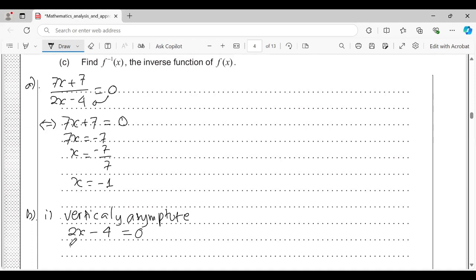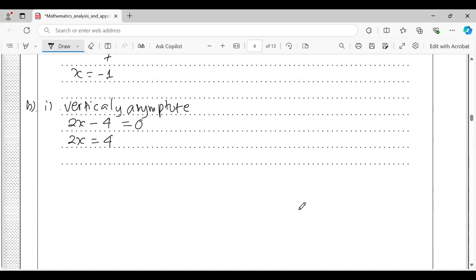If 2x minus 4 equals 0, then 2x equals 4 and x equals 4 over 2. So x equals 2. This is the vertical asymptote equation.